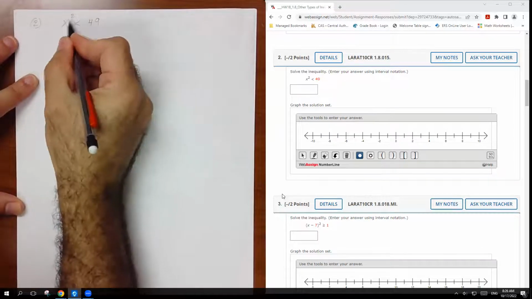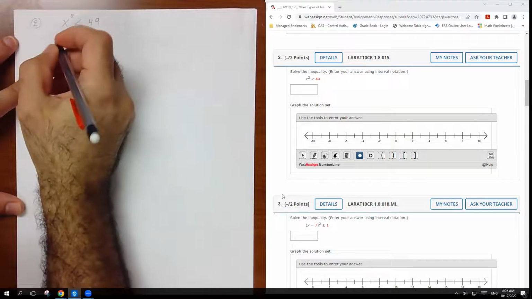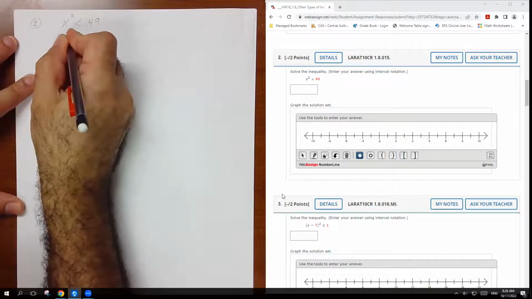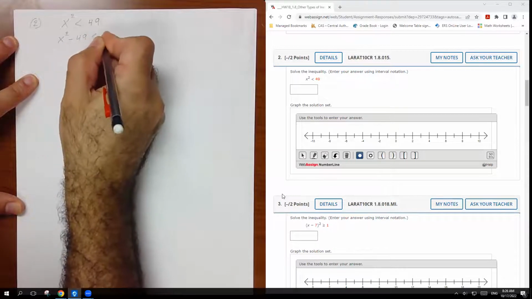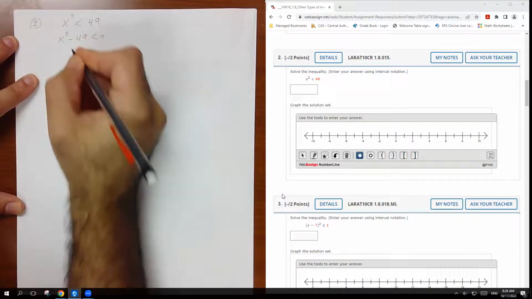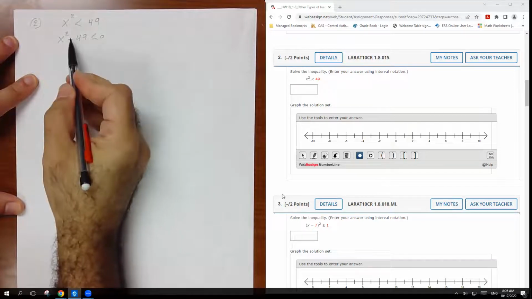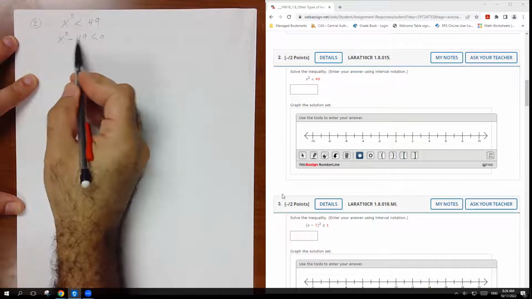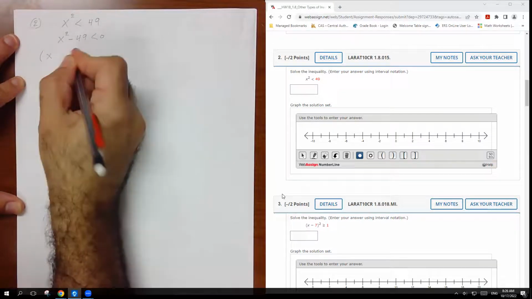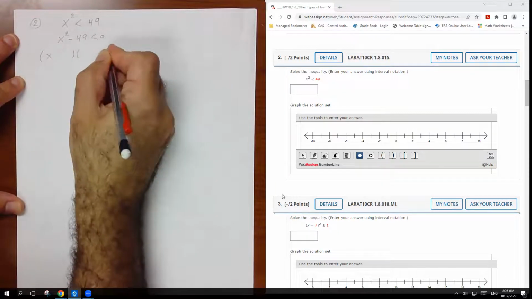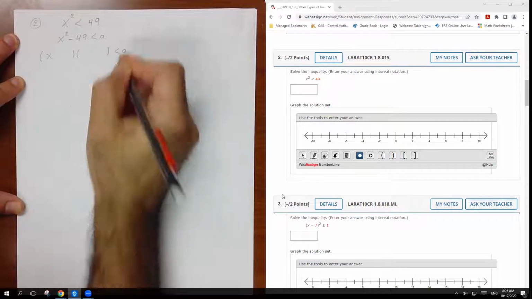So if you want to move the 49 to the other side, you're going to say x squared minus 49 less than 0. Then you can use the difference between two squares here. That means x under parentheses less than 0.